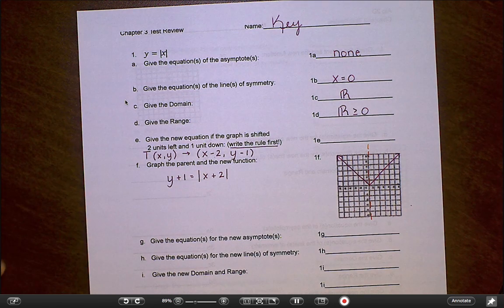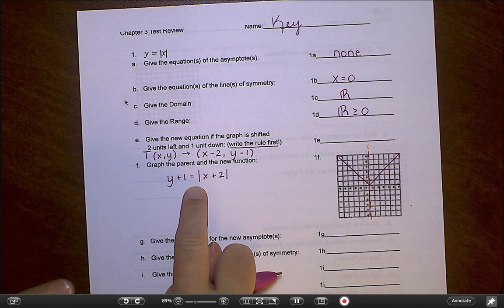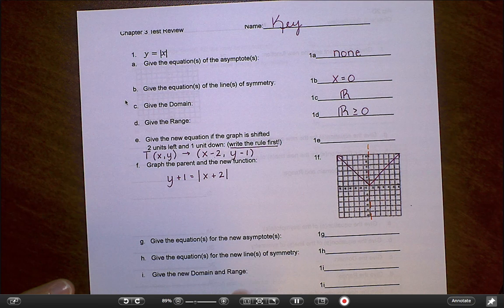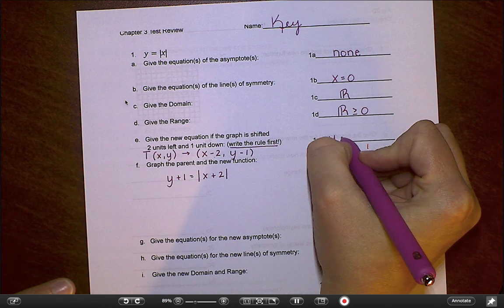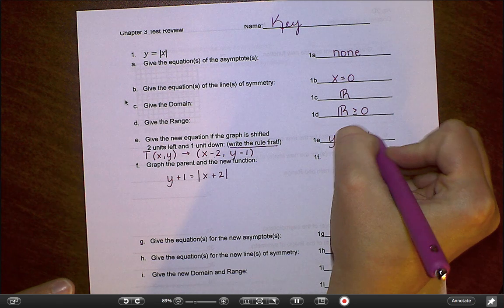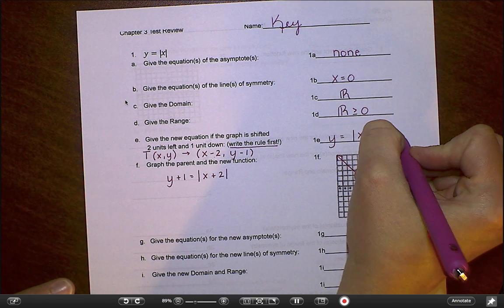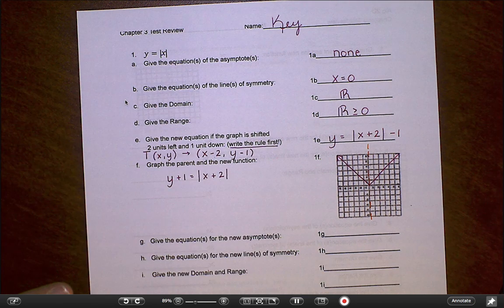And then the only other thing I might do, I would be perfectly happy with this answer. Okay, you'd get full credit for this on a test. But when we get to ones where we want to be able to put them in our calculator to graph, we're going to want that y by itself. So when I write my final answer, I'm going to write it as y equals absolute value of x plus 2 with a minus 1 on the outside. I just took that plus 1 and moved it over here.